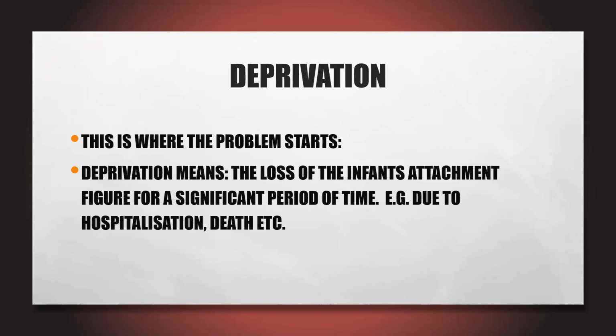Bowlby believes that is where a problem is, because if they're deprived, they're no longer able to access their attachment figure. He believes this could have detrimental problems for the infant's social, emotional, physical, and intellectual development. So it's really important that we understand the difference between separation and deprivation.